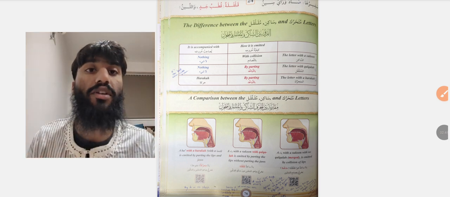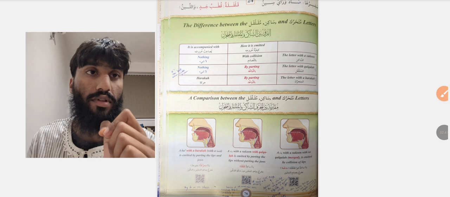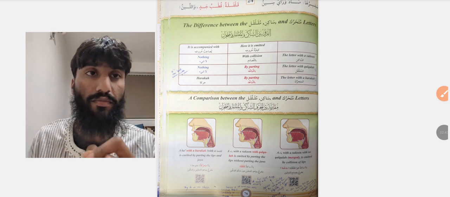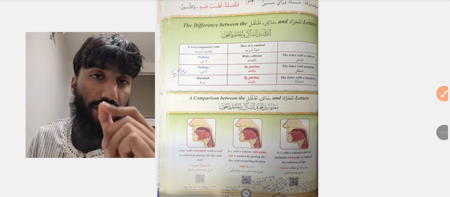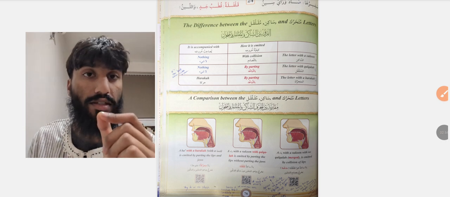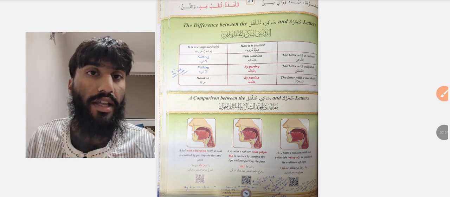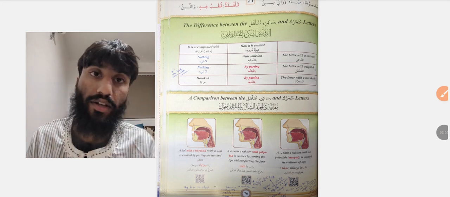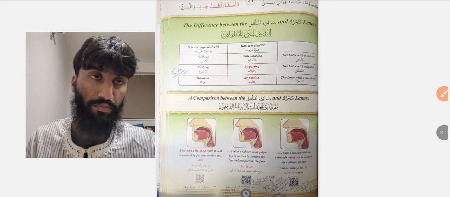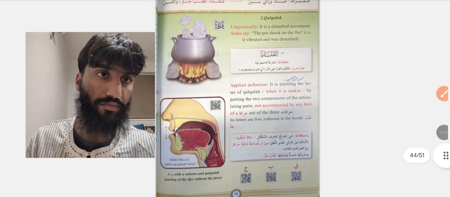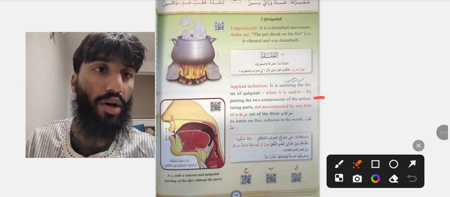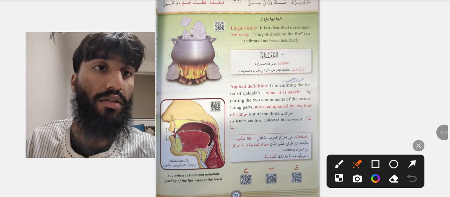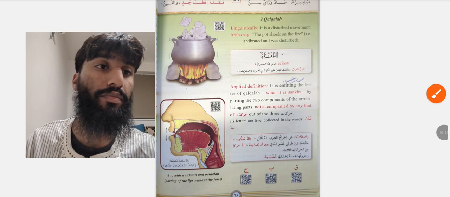However, when you come to qalqala now, and you have a sakin letter, you must separate. So that's very similar to what? Harakat letters. However, it's separating without a hint of haraka, as we said in the beginning. You must separate by parting the 2 components, not accompanied by any hint of haraka.